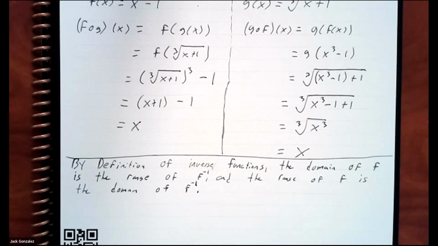So by definition of inverse functions, the domain of f is the range of f inverse, and the range of f is the domain of f inverse. This little -1 right here, that means inverse. Yeah, in the book, that notation is inverse. It's not power -1, it's specifically saved for inverse function. So if you see that on an F, that's what they mean.